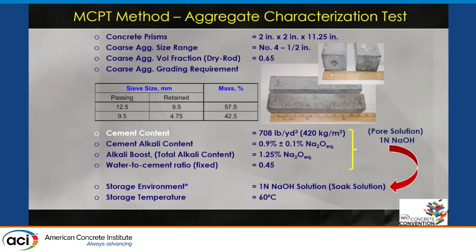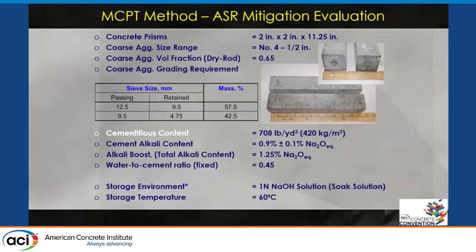In this case, the storage environment is a 1 normal sodium hydroxide solution at 60 degrees centigrade. And then we monitor the expansion of these prisms over typically 56 days, in some cases up to 84 days.